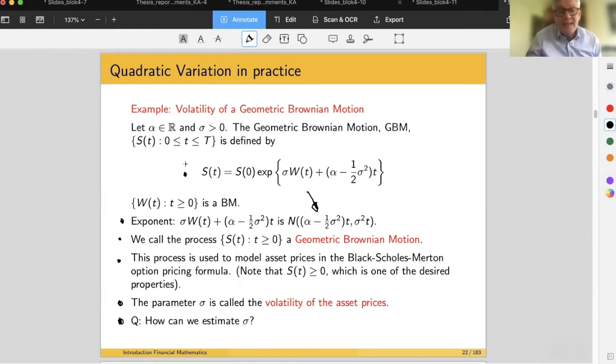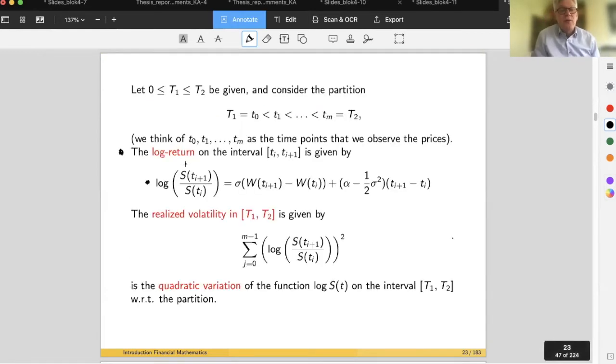So what we get is the following. The logarithm of a over b is log a minus log b. And that is then the exponent: sigma times (W at time t_{i+1} minus W at t_i), plus this drift term, so this growth term, (alpha minus 1/2 sigma squared) times (t_{i+1} minus t_i).